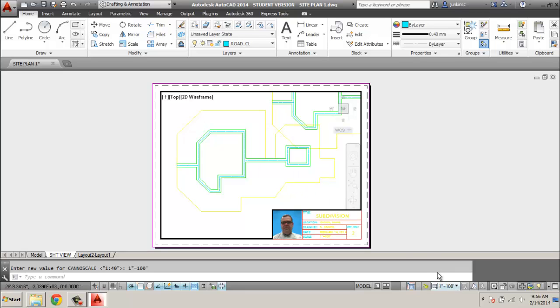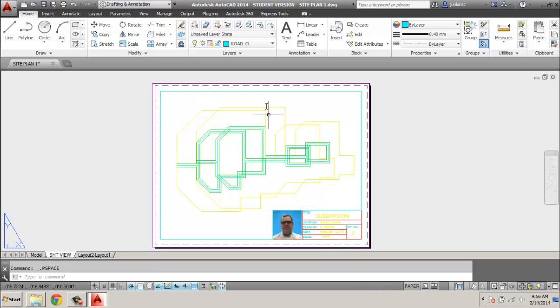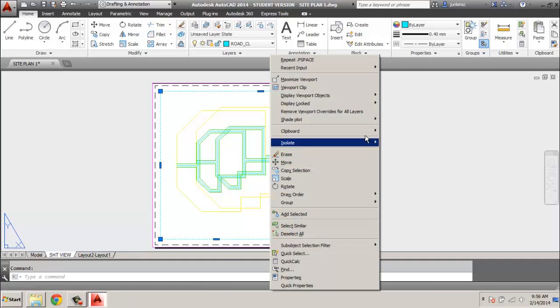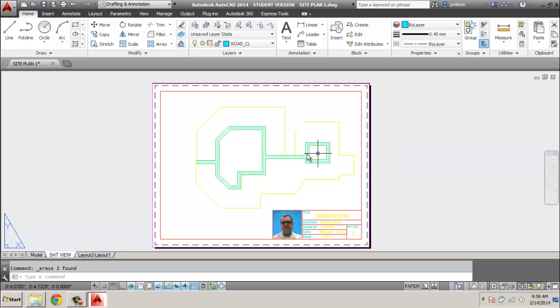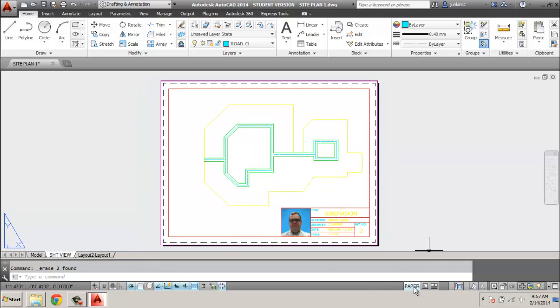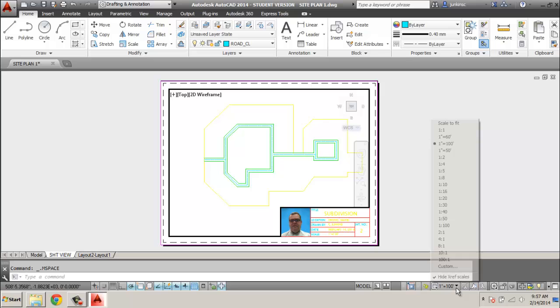I have no idea what that just did. I think I have an extra viewport maybe. Must be. 1 inch equals 100 feet fits on there pretty good.